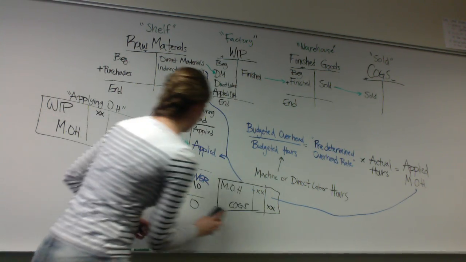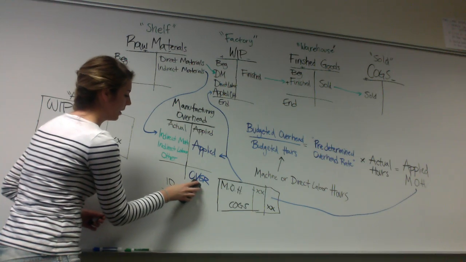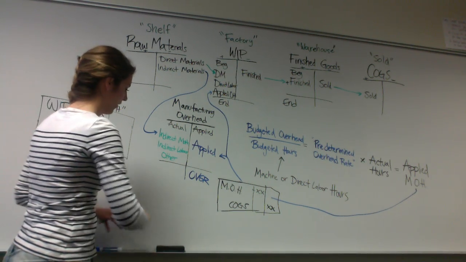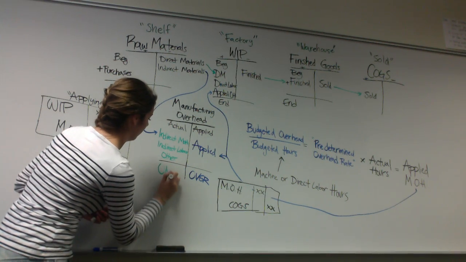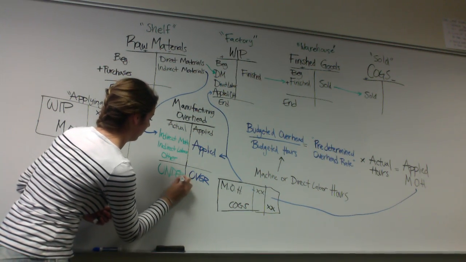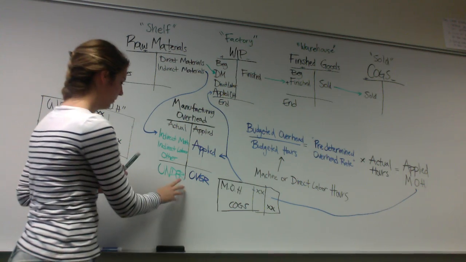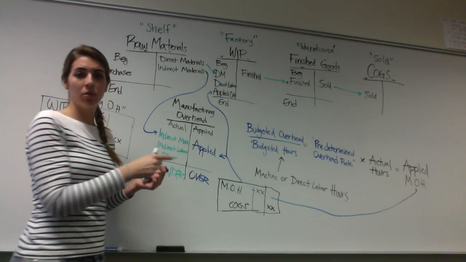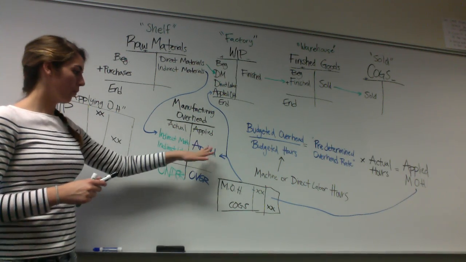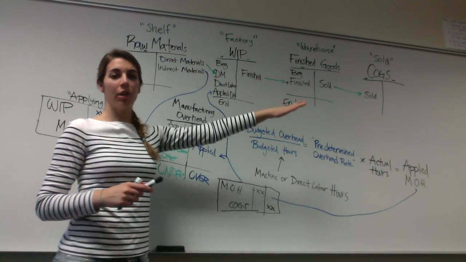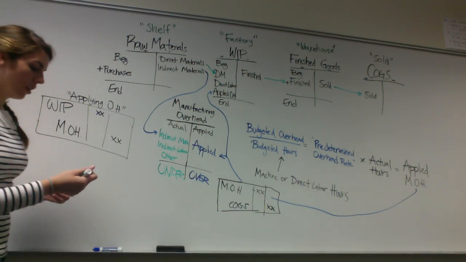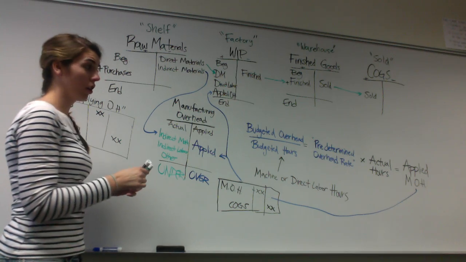So now the opposite will be the case if we are under applied. If we are under applied, it means our actual overhead ended up being more than what we applied. So by the time we get over here, our COGS is too little. And so what we want to do is increase our COGS.